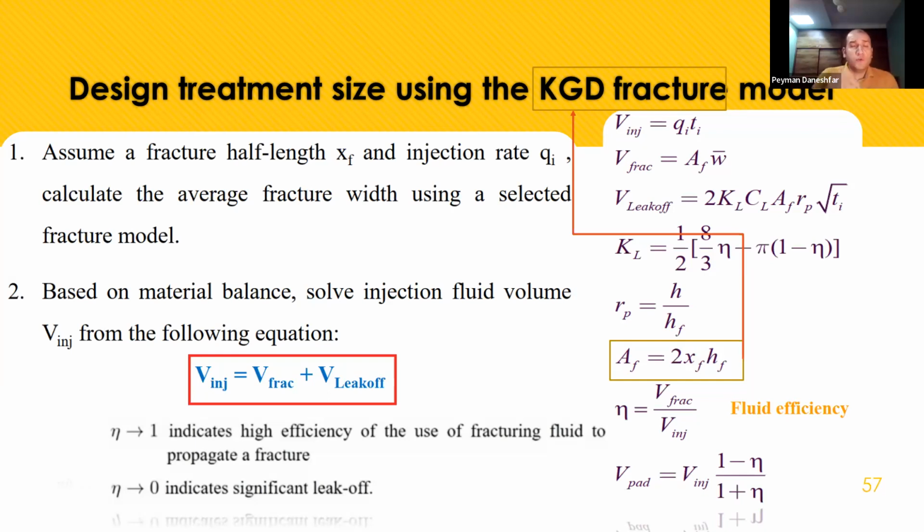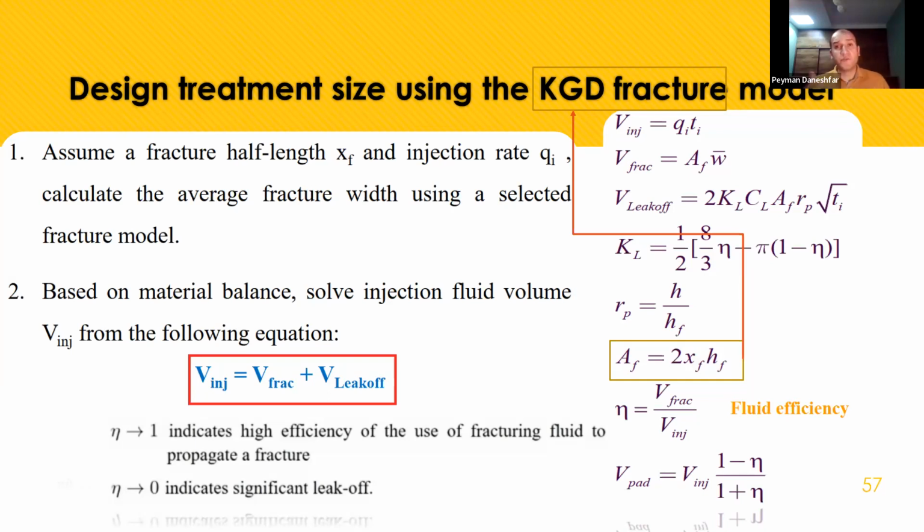When we want to calculate the volume of injection, suppose we have the rate of the injection and the time, we can find the volume of injection. After the volume of injection, we can find the volume of the frac with the fracture area and the fracture width.